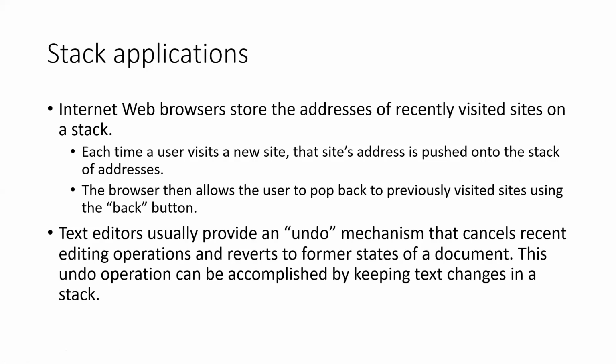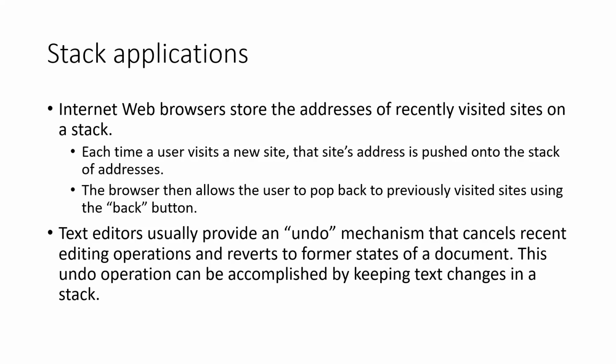So text editors, right, like your IDEs or even more basic text editors, usually allow an undo operation, an undo mechanism that cancels recent editing operations and reverts to former states of a document, right? So you're typing something and then you want to go back, and then you want to go back. So you can keep undoing, you can keep going back. And this undo operation can be accomplished by keeping text changes in a stack, right?